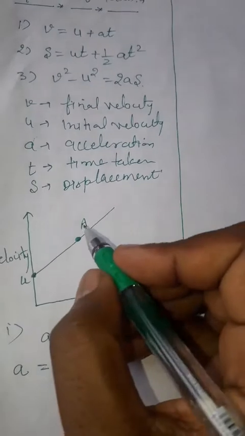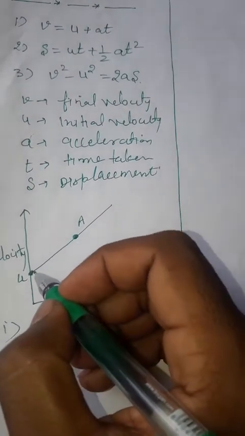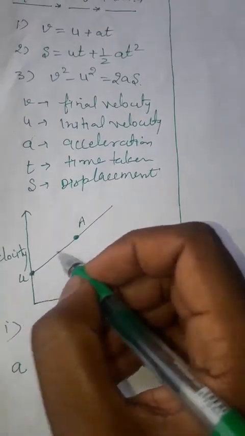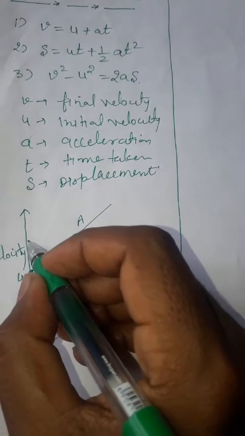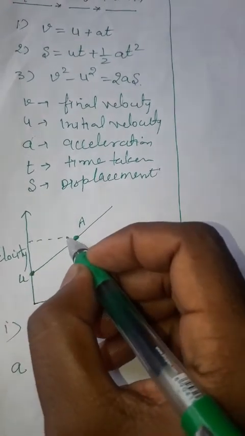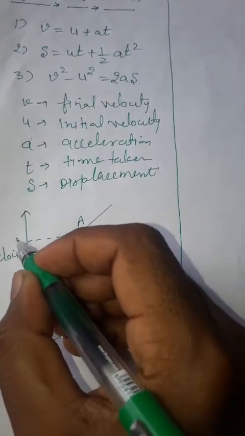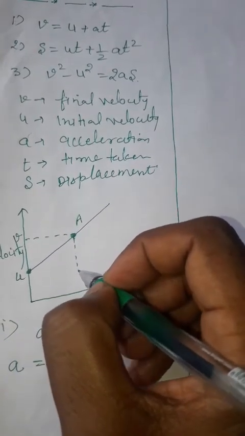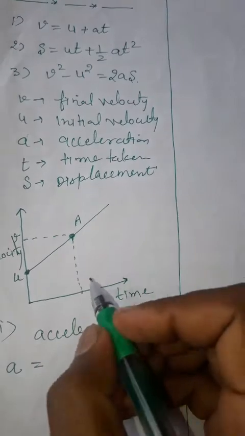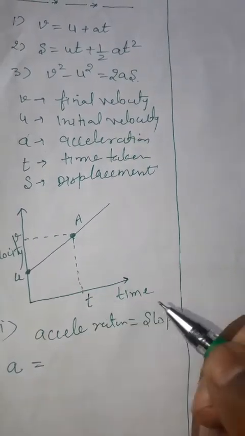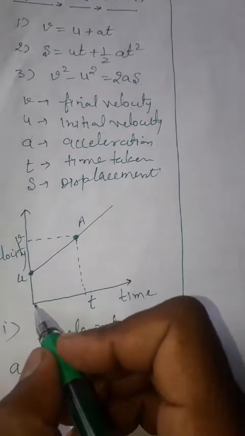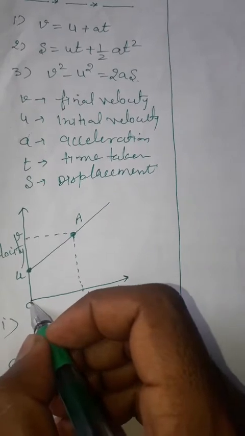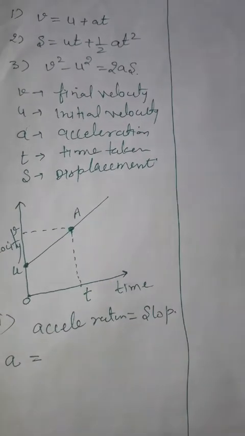Okay, so the velocity corresponding to the first point is u, and the velocity corresponding to the second point is, say, v, and the time corresponding to this velocity is t. Say the time corresponding to initial velocity is 0.